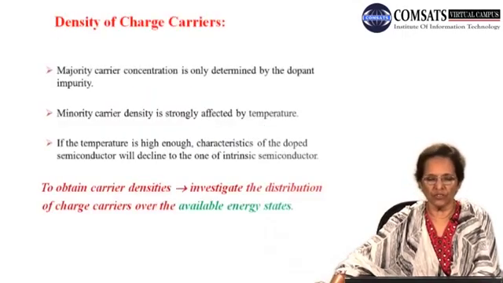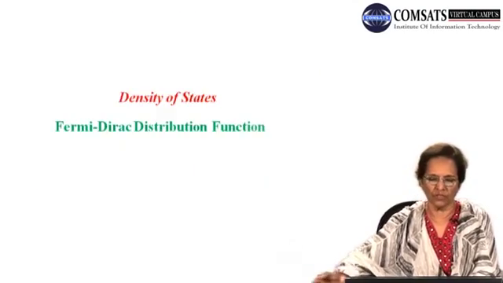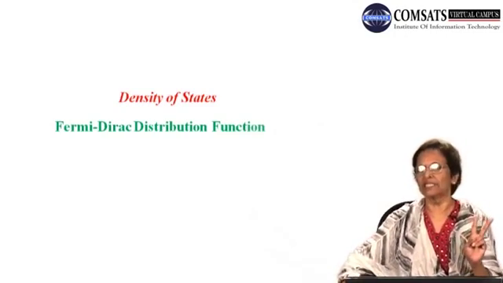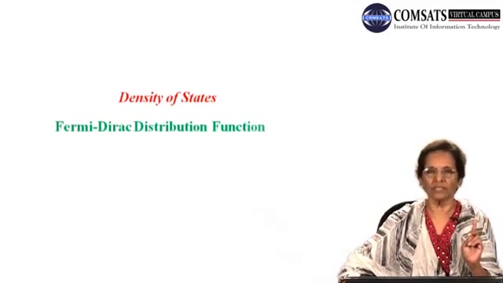What is density of states and what do we mean by the Fermi-Dirac distribution function? Let me go back again to the previous slide. I'm using two terminologies, density of states and Fermi-Dirac distribution function. What do I mean by density and what do I mean by states?